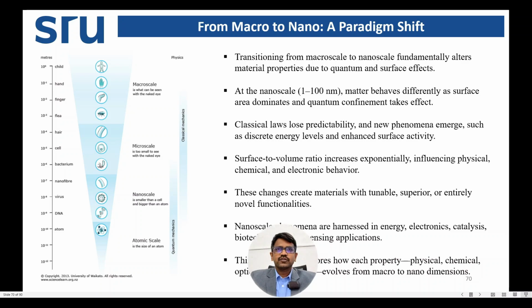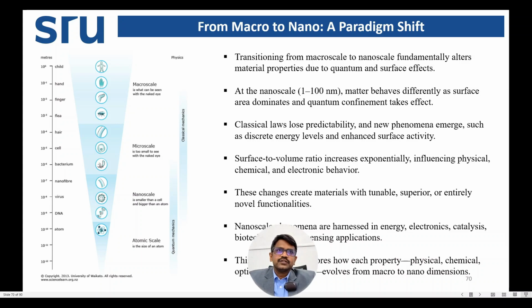So before going to discuss the different properties, I want to briefly explain the fundamentals related to nanomaterials, and what the reasons are for this technology to have those beautiful properties.